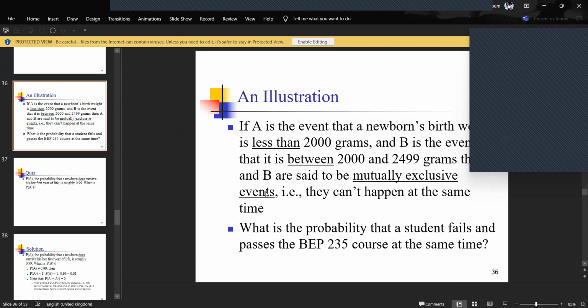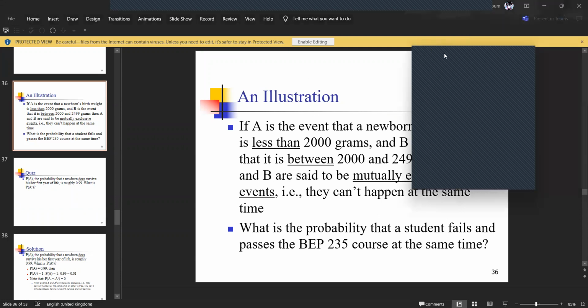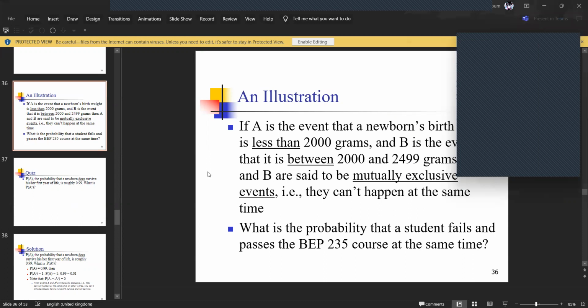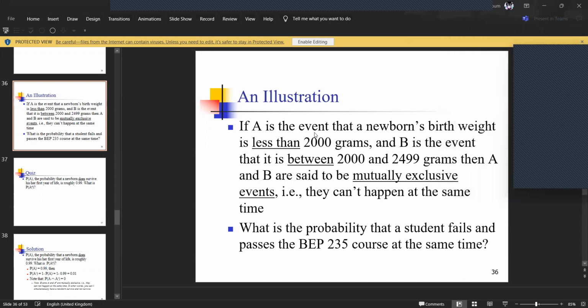This is just an example. Event A is a baby is born that weighs less than 2,000 grams, and B is that they are born between 2,000 and 2,500 grams.